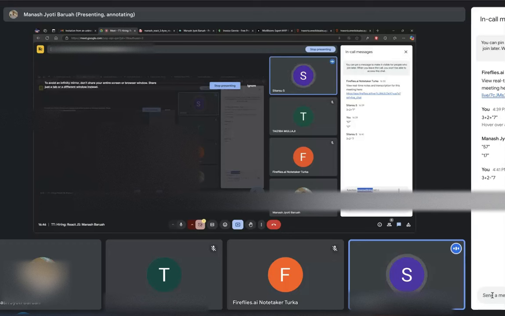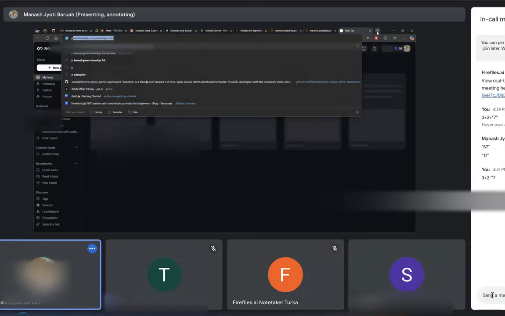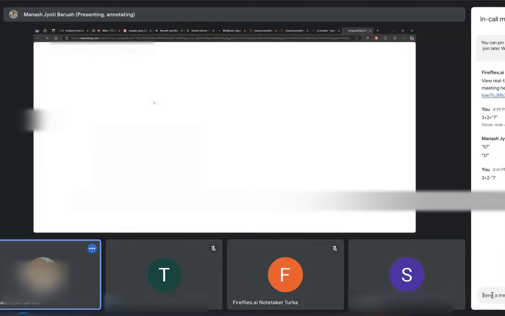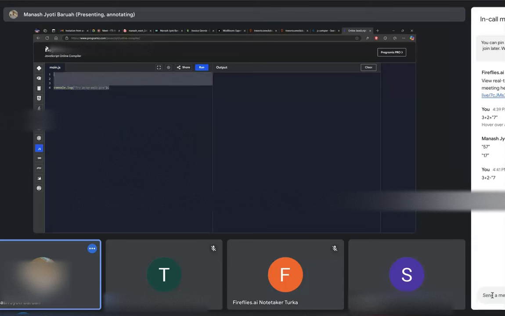You can open a JavaScript compiler. You can write. Yeah. Okay. Sure. See here to okay.